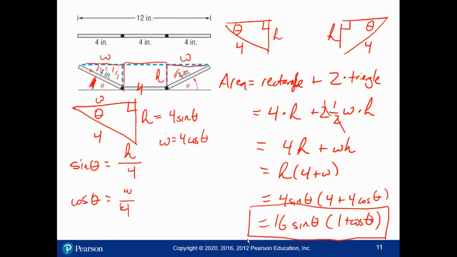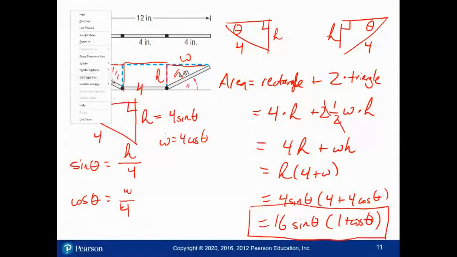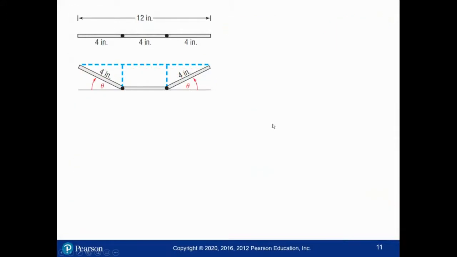Now there's a handy little shortcut when you're working with triangles. So I'm going to erase everything, so copy down what you want. Okay, so there's a handy thing to remember when it comes to working with triangles.